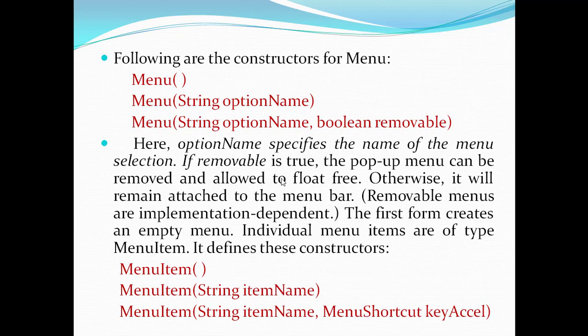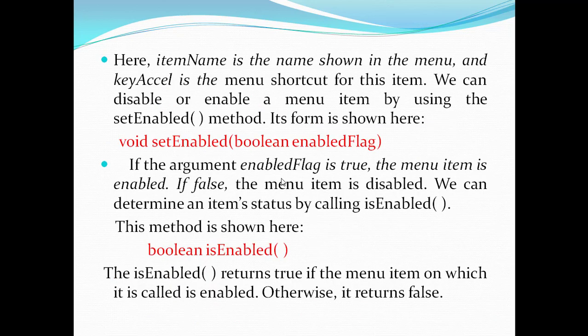These are the three constructors for MenuItem. Here itemName is the name shown in the menu, and keyAccel is the menu shortcut for this item. We can disable or enable a menu item by using the setEnabled method.